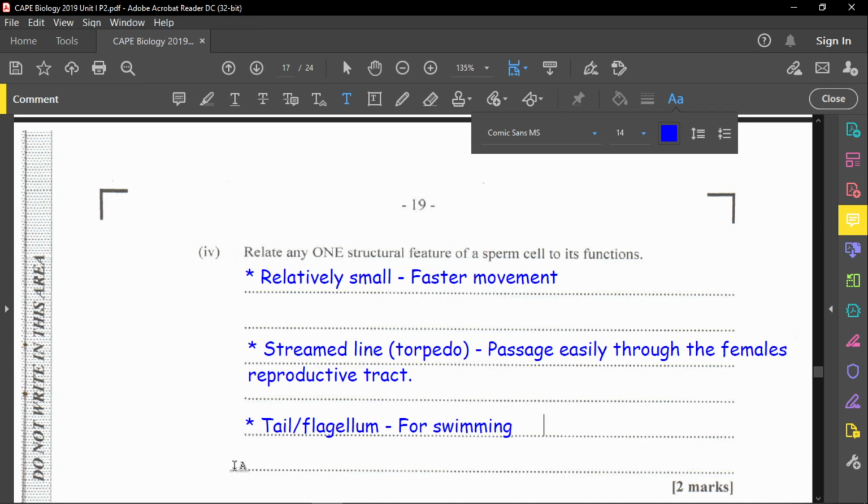And I could also mention another structure that is there: it contains an acrosome that contains enzymes, and the enzymes allow it to burrow through the walls of the egg, which I also mentioned before.